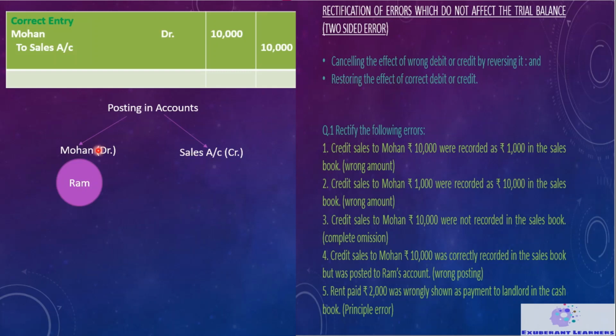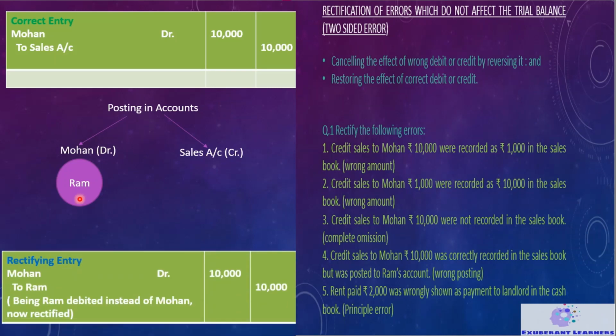The correct debit is Mohan, so this is to be debited. So debit this amount, restore this debit by debiting Mohan, and cancel this by crediting. So our rectifying entry will be Mohan debit, which is correct, Ram credit, which was wrongly debited. Now you have credited and cancelled the effect.